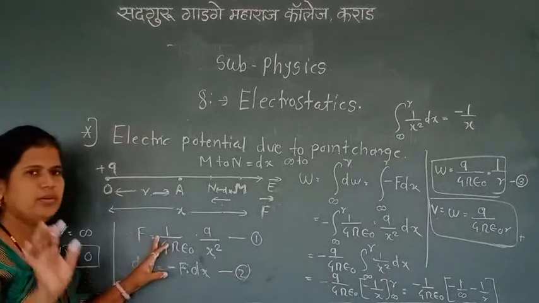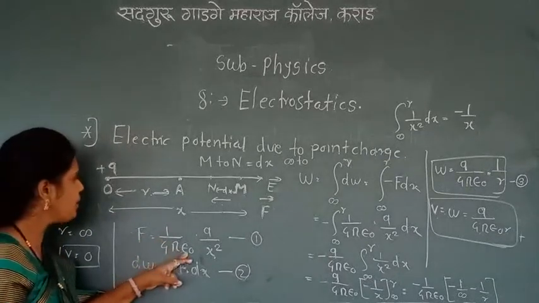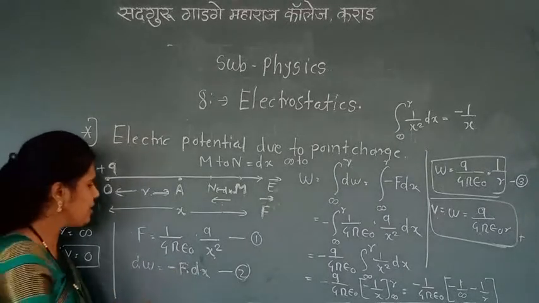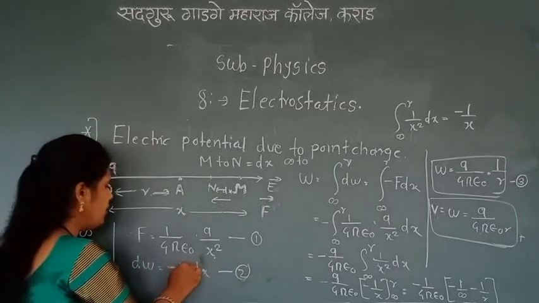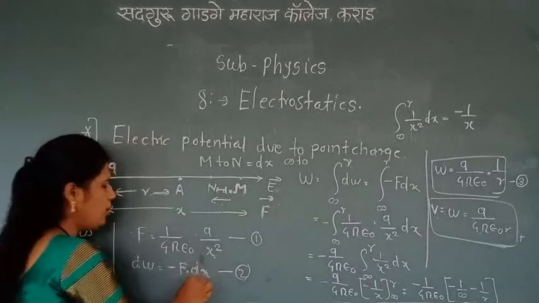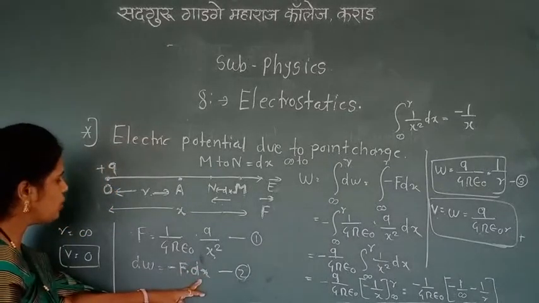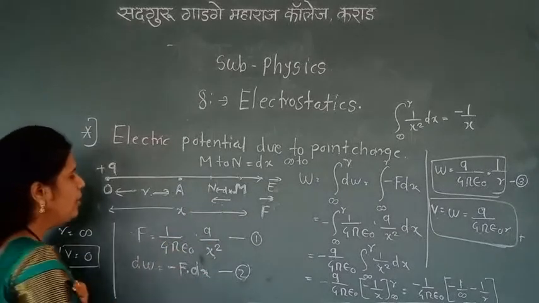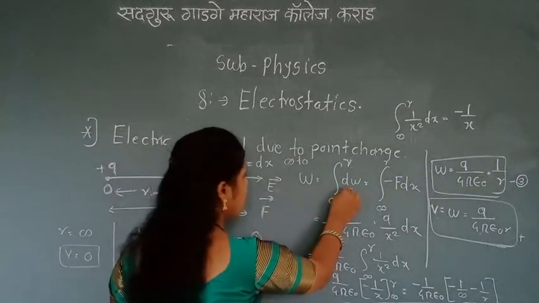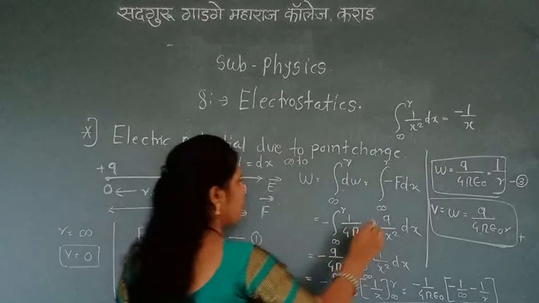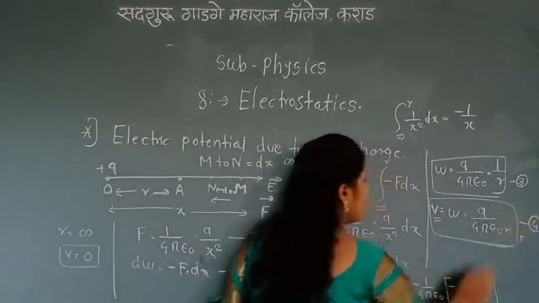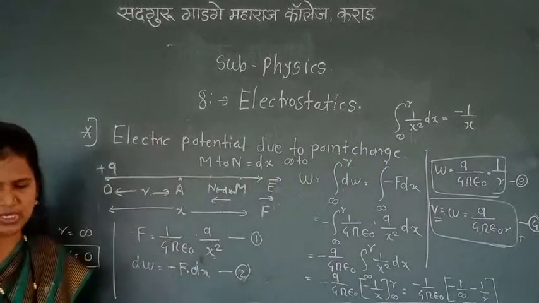The force is 1 upon 4 pi epsilon naught Q upon x square, and dW is equal to minus F dx, where dx is the small displacement from M to N. From the total work done we can calculate the value of electric potential. This is the expression for electric potential due to the point charge.